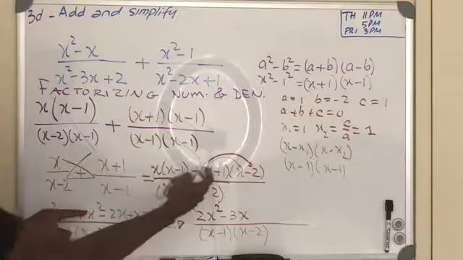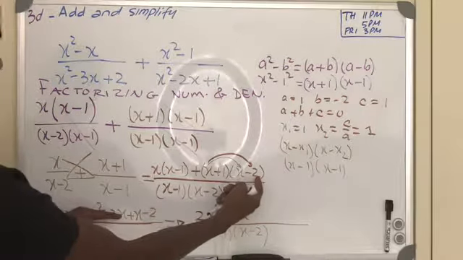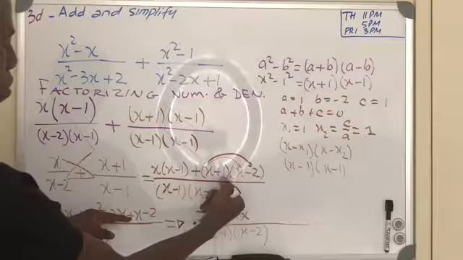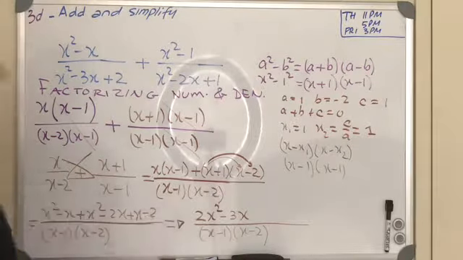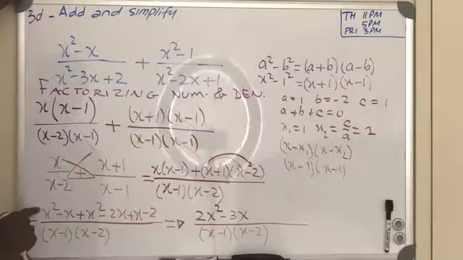So that's x squared minus 2x. 1 times x plus x. 1 times minus 2 is minus 2. Okay? So I have x squared and x squared.